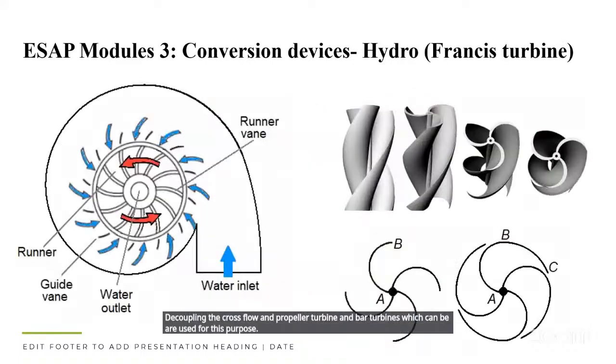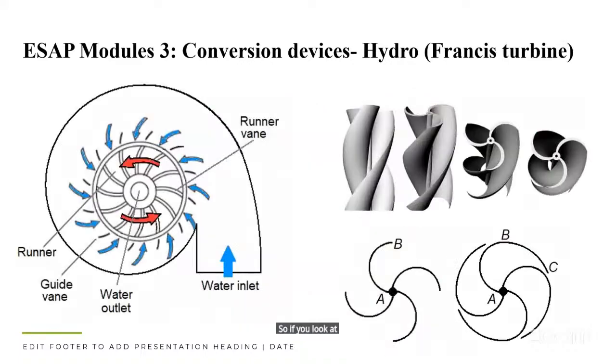So if you look at the Francis, for example, the shape of the vanes and their distribution in the system assist in actually accumulating water and creating more kinetic energy, and therefore more electricity.